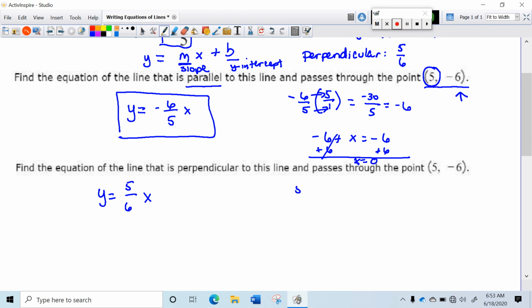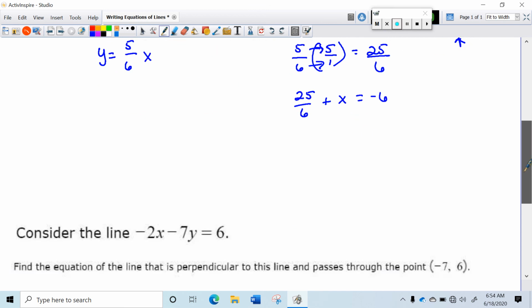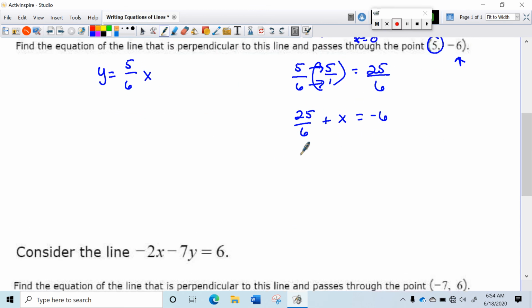So now I'm going to take that slope, 5/6, multiply it by the x value times 5/1. 5 times 5 is 25. 6 times 1 is 6. 25/6 does not simplify. I need to figure out what to do to get to negative 6. So I'm going to subtract 25/6 from both sides.